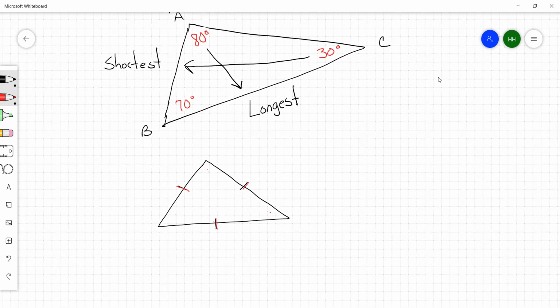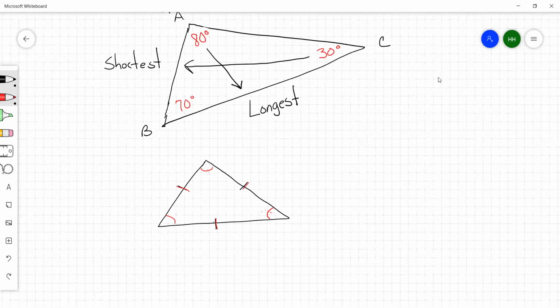Can you order the angles from smallest to largest or largest to smallest? No, why not? They're all equal, aren't they? And why are all of the angles equal to each other? Because all the sides are the same, right?